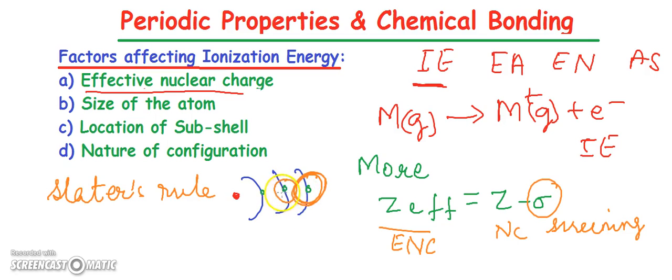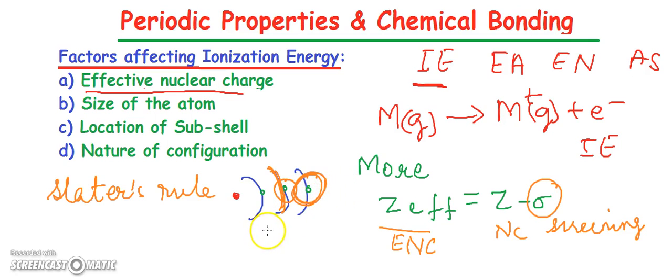Okay, so it affects the force of attraction between the nucleus and the electron. So if you have a higher shielding effect of the electron, then you have the electron which can be released easily. Why? Because it's shielding the force of attraction and you can remove the electron easily.